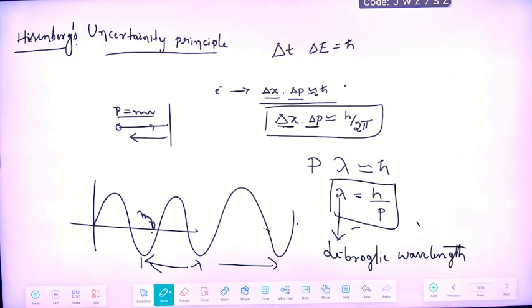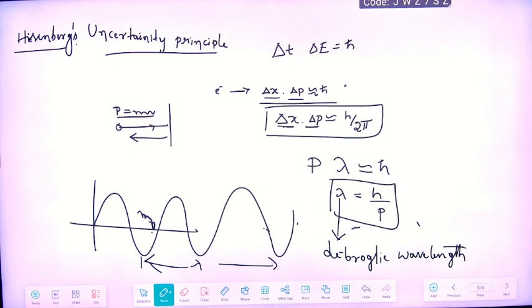What is the de Broglie hypothesis? He gave a hypothesis connecting the wave and particle nature of light. You cannot exactly predict when the particle and wave nature will change.